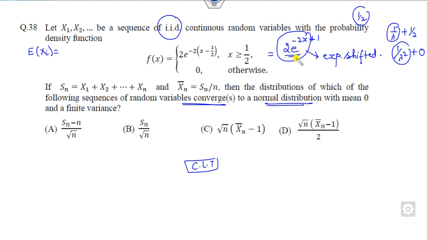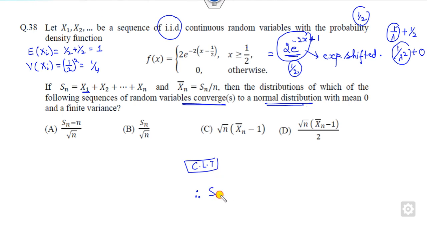The exponential distribution has a mean of 1 by 2, so 1 by 2 plus 1 by 2, the answer is 1. What is the variance of the Xi? 1 by 2 square, that is 1 by 4. So Xi has a mean 1 and variance 1 by 4.